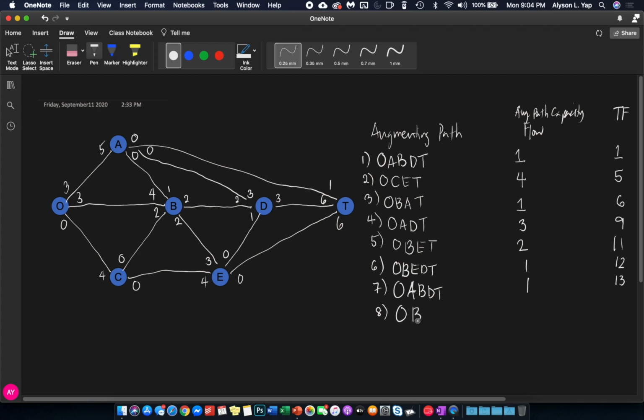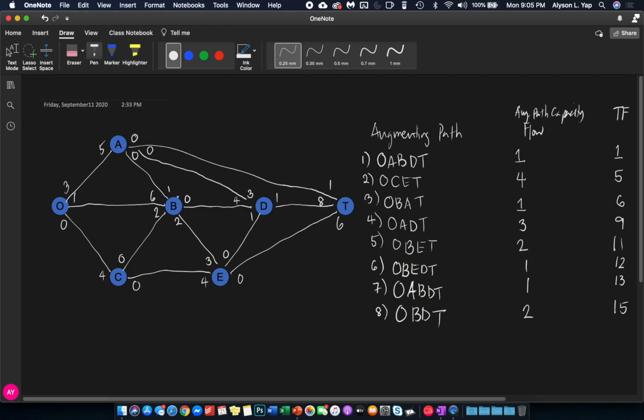O, B, D, T. And the capacities are 3, 2, 3. So the minimum is a 2 and the total flow is 15. Updating the graph, your 3, 4 becomes 1, 6. Your 2, 2 becomes a 0, 4. And finally, your 3, 6 becomes a 1, 8.